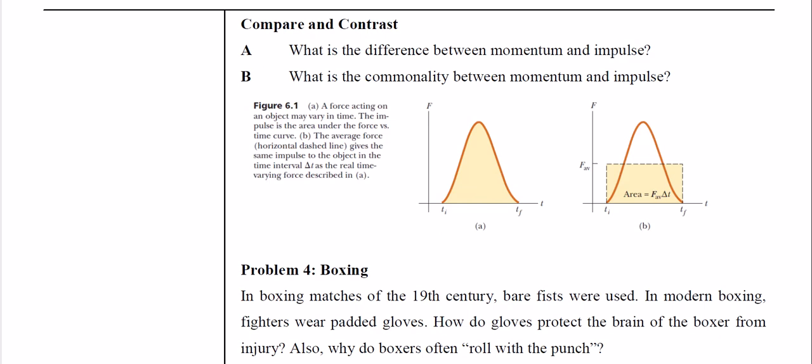Now, of course, they happen to have the same units, and they happen to occur during the same situations and circumstances. But as far as mathematically working with these ideas, it depends on what we're given, right? Are we given mass and velocity for momentum, or are we given a force or a change in time as far as impulse is concerned?